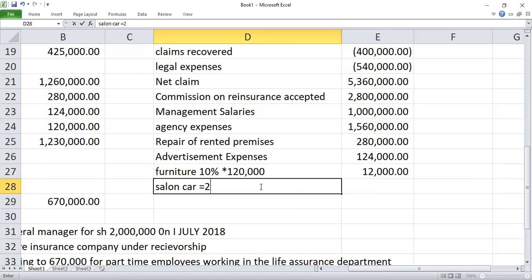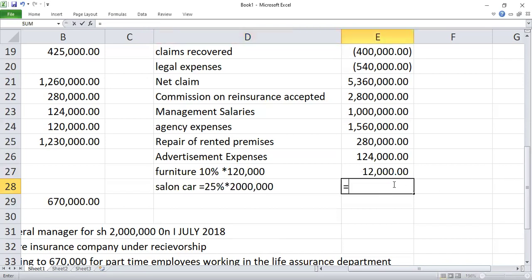So it says equal to 25% applied to 2 million, equal to 25 percent times 2 million, which is 500,000.